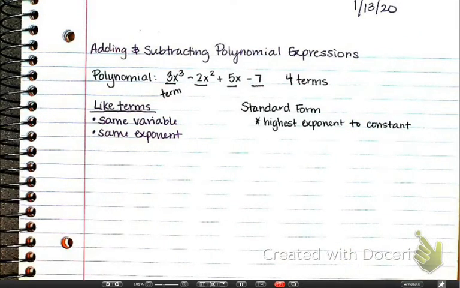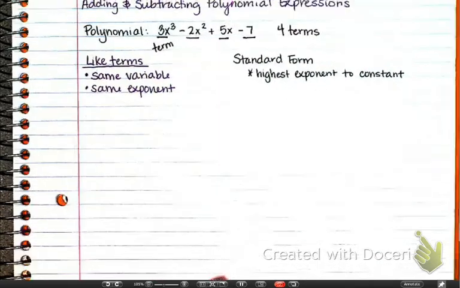So you'll notice in my polynomial, I start at x to the third, and then it goes x squared and x, and my constant, the one without a variable, is at the end, which is the -7. Okay, so highest exponent to constant is standard form. So all of your expressions should be written in standard form. We okay with that? Questions on what like terms are and how we're going to write them?